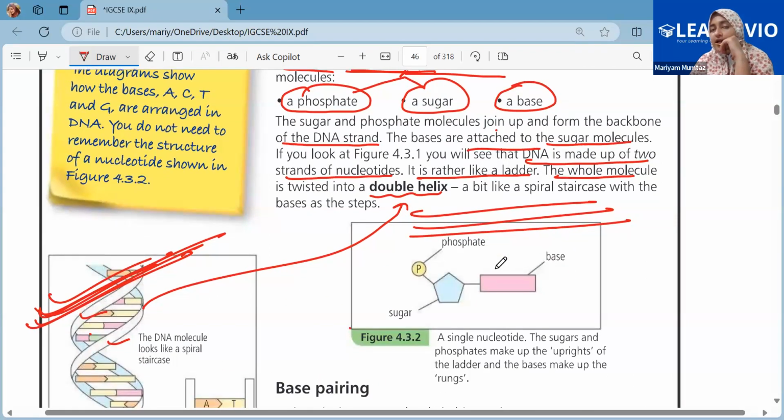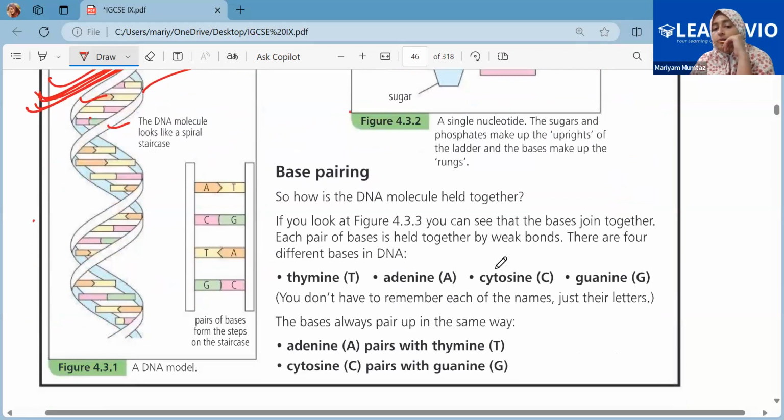Now the nucleotide contains three things: the phosphate group, the sugar, and the base. Now we're talking about that base. There are four types of bases present: thymine, adenine, cytosine, and guanine.